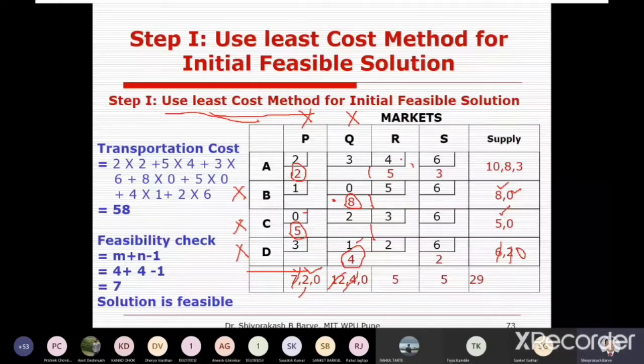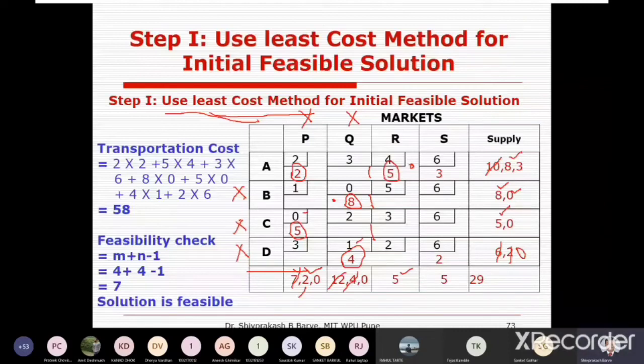Come here and check. Here it is 10, but the demand is 5. So consider whichever is minimum. Out of this 10, already 2 is used, so instead of 10, now 8 is available. Of 8 and 5, 5 is minimum. So allocate 5 as it is. So this R capacity is also over and this 5 becomes 0.